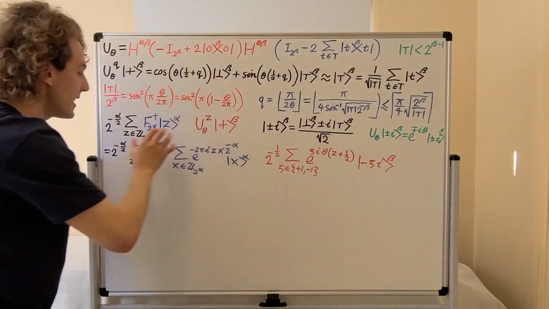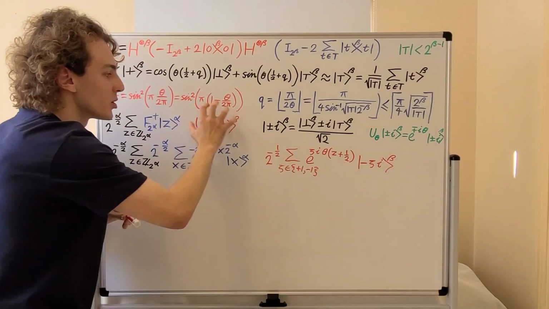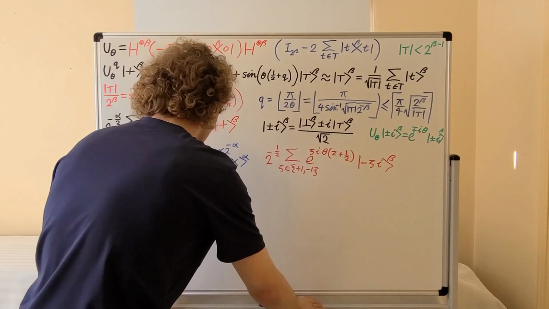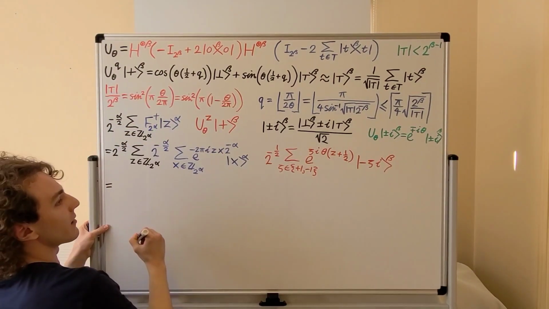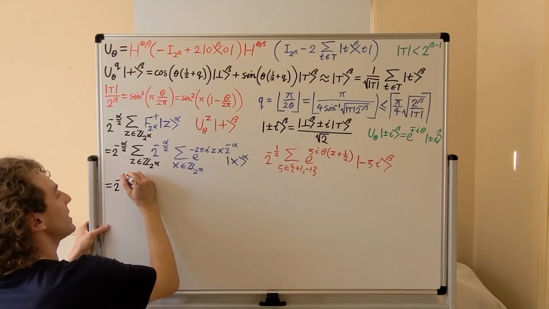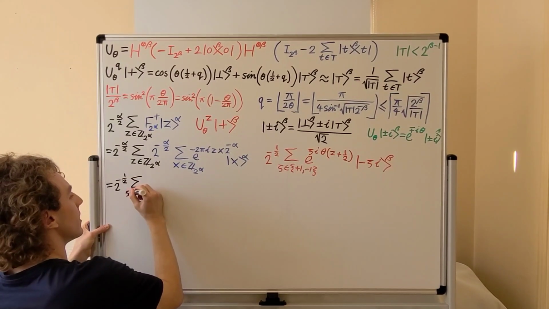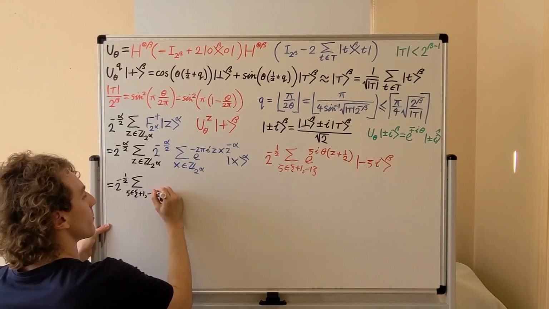So now we've expanded this inverse quantum Fourier transform term, and we've also expanded this in terms of the eigenstates. Now let's do some rearranging, and that's going to give us the following expression. We're going to have 2 to the minus 1/2 times the sum over this index zeta, which takes on two values, plus 1 and minus 1.